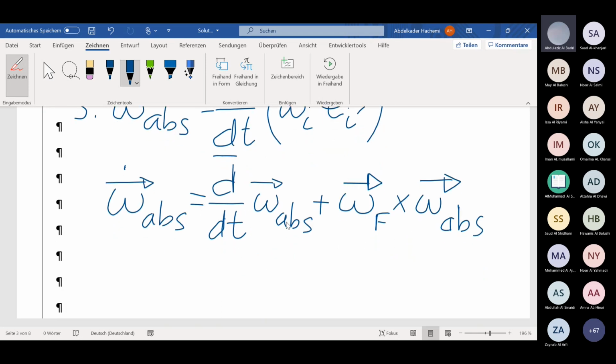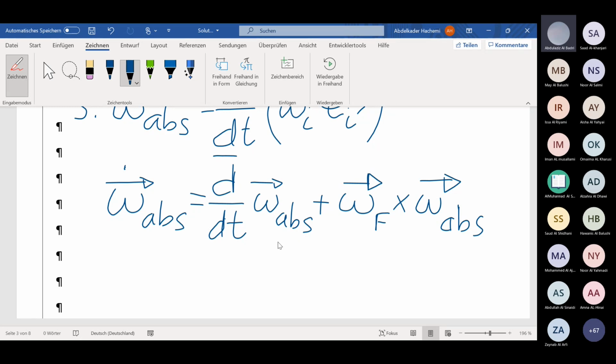In our case, the two components omega 1 and omega 2 are constant. If I write omega absolute, we have the components 0, omega 1, omega 2.